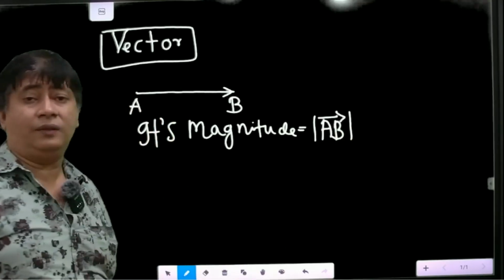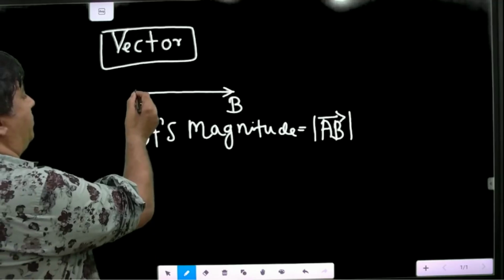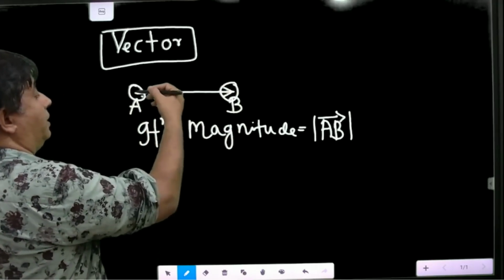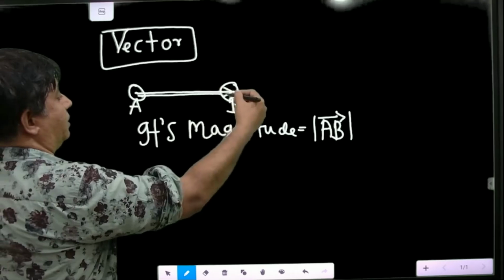and direction, this is the initial position, this is the final position, it displaced from A to B. Understand?